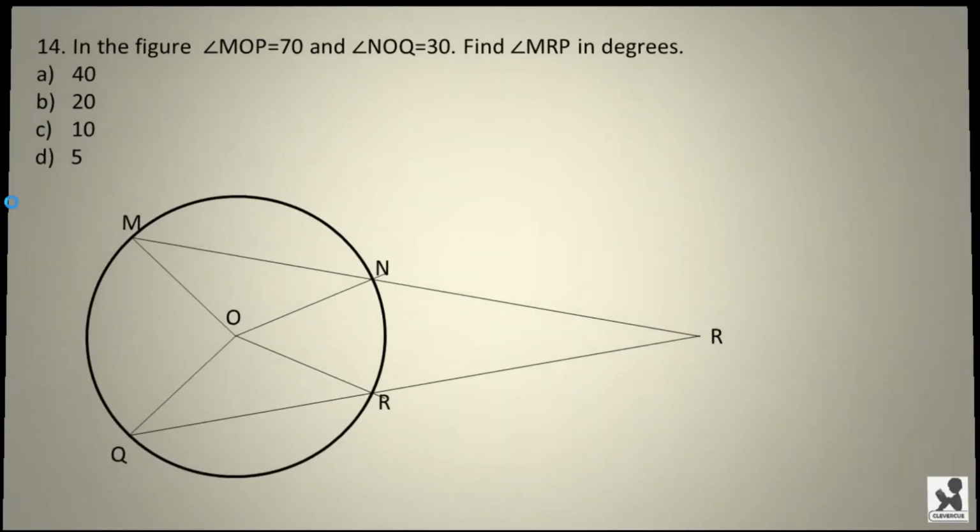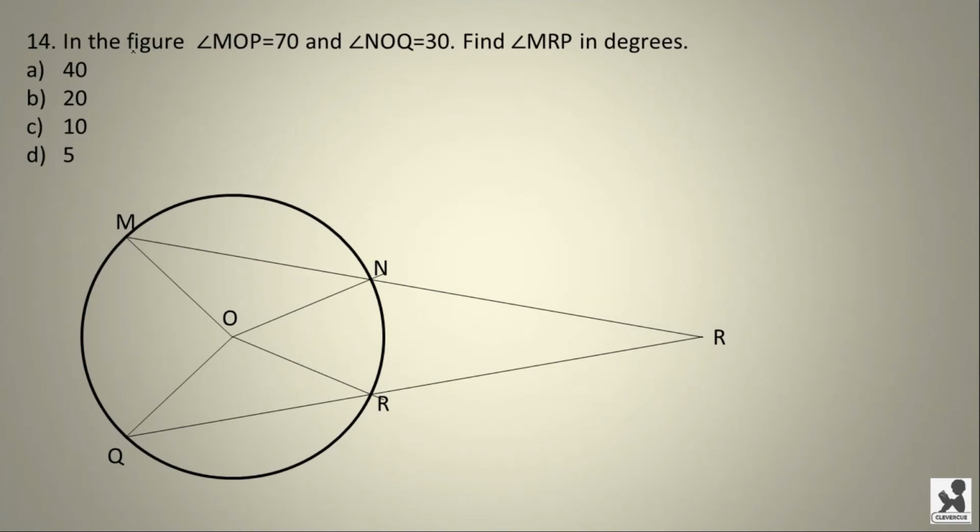Moving to the next question. In the figure, angle MOP is 70 degrees. This is not P, this is Q. This angle is 70 degrees.